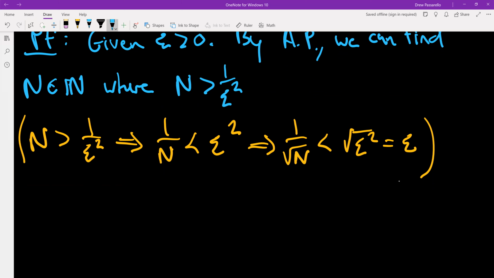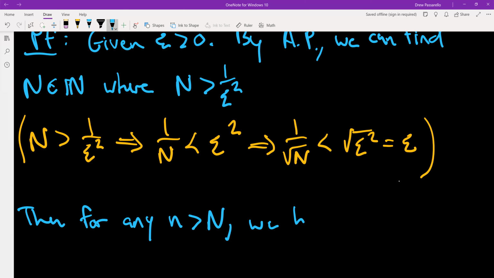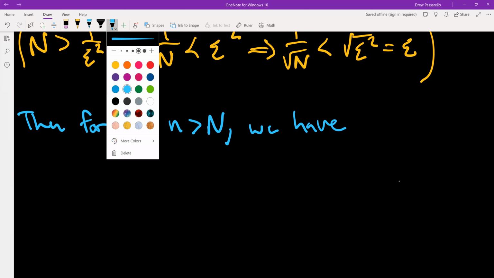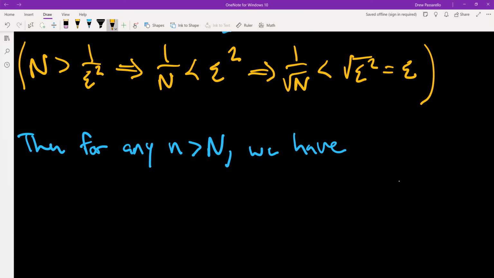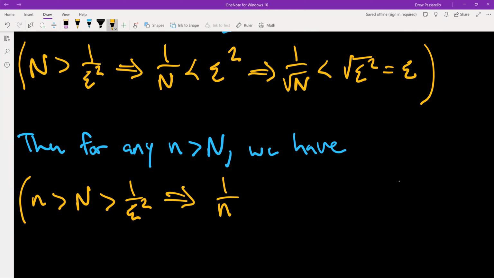So then we have, for any little n bigger than capital N, which is bigger than 1 over epsilon squared, that would imply that 1 over little n is less than 1 over capital N, which is less than epsilon squared.